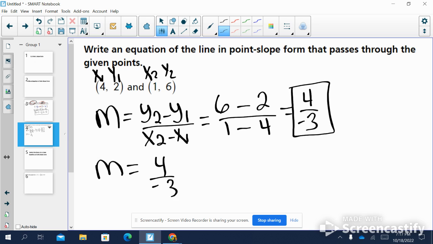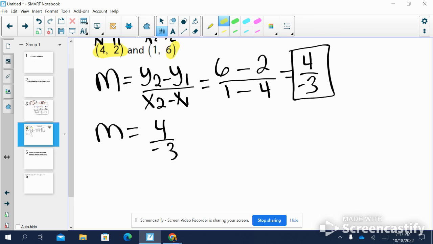In order to put something into point slope form, all you need is the slope and 1 point. Well, looky here, we've got 2 points. Let's start with 4, 2. I'm going to write the point slope formula using 4, 2 and the slope that we just found.